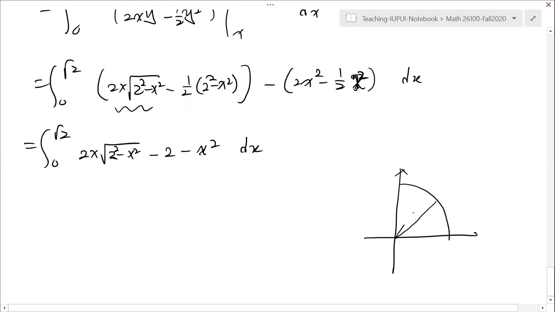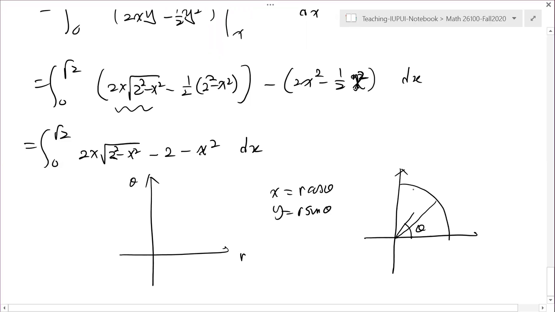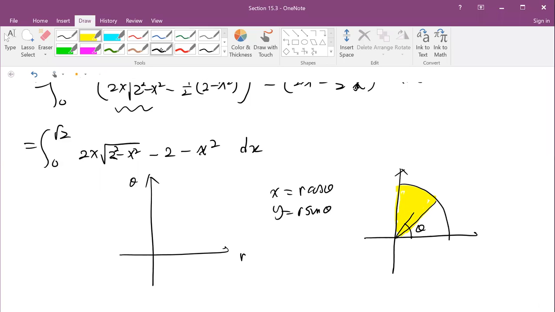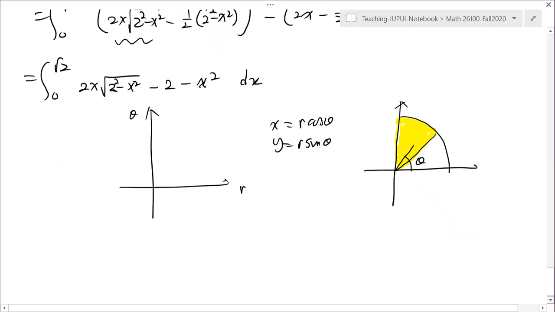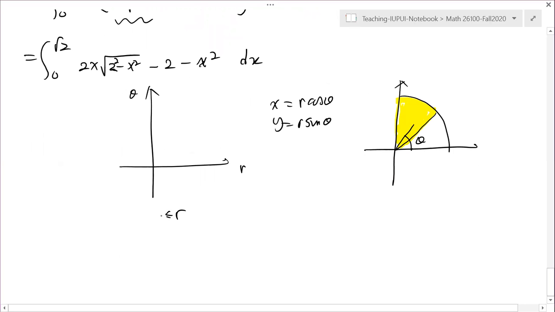So this is angle theta. Let's draw it here. Let's write the theta, and x is going to be r cosine theta, y equals r sine theta. To describe that region, r is going to be clearly between 0 and 2, and theta is between pi over 4 and pi over 2.